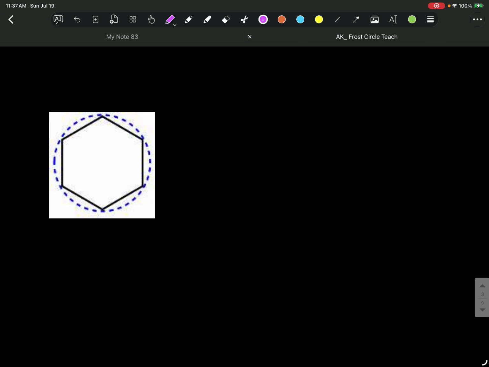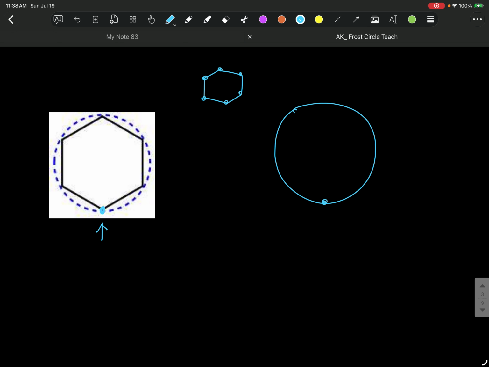When you draw the polygon, you want to ensure that one of the vertices of the polygon is at the center bottom of that circle. You want to be very comfortable drawing this. So I would have 1 point here, and then I can see that there are 6 points on the hexagon.